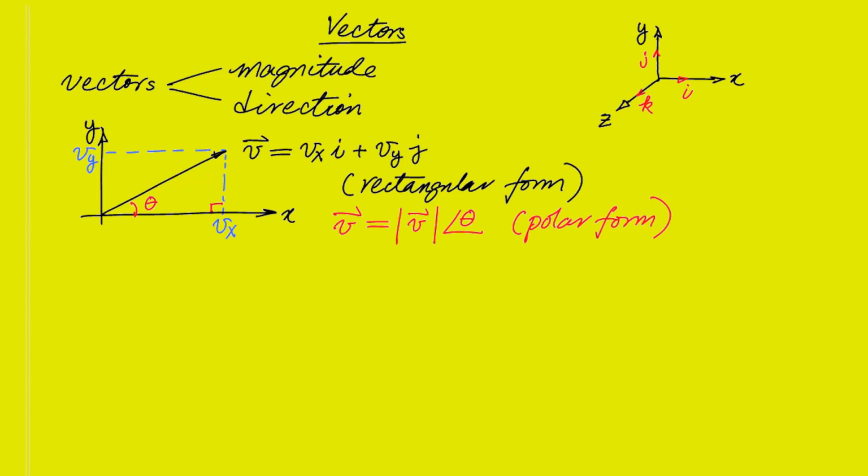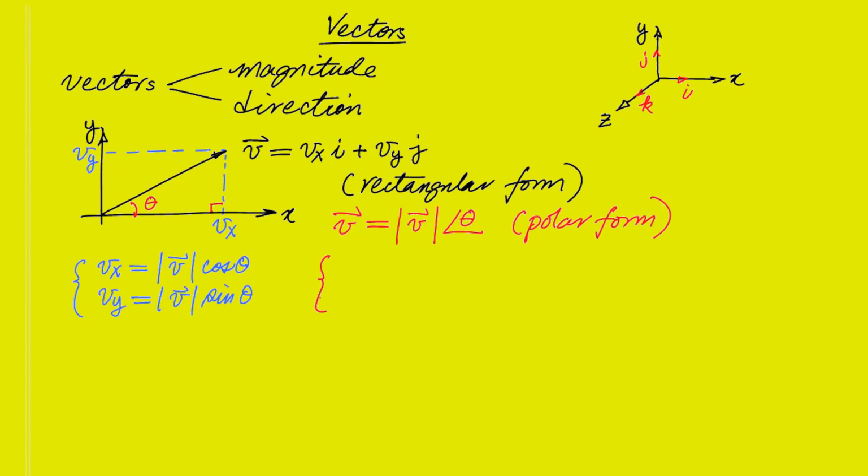Let's see how it's done. If we know the magnitude and the angle, we will be able to find its components using trigonometry: the cosine of the angle times the magnitude gives us the x component, and the magnitude times sine of the theta angle gives us the y component.